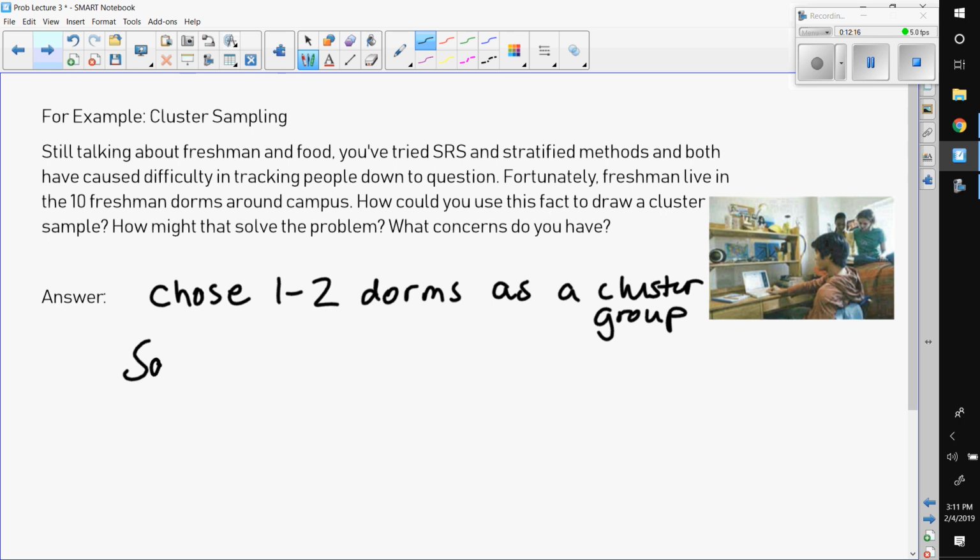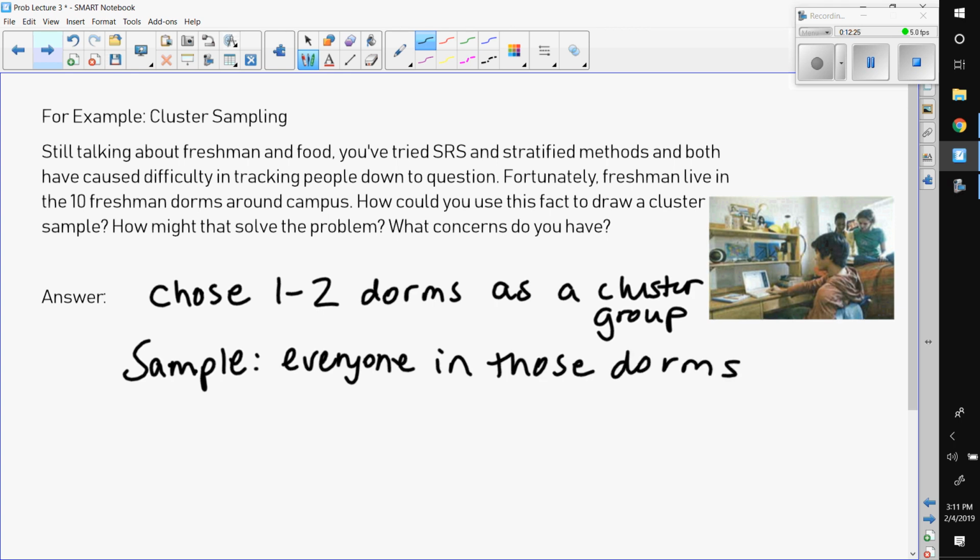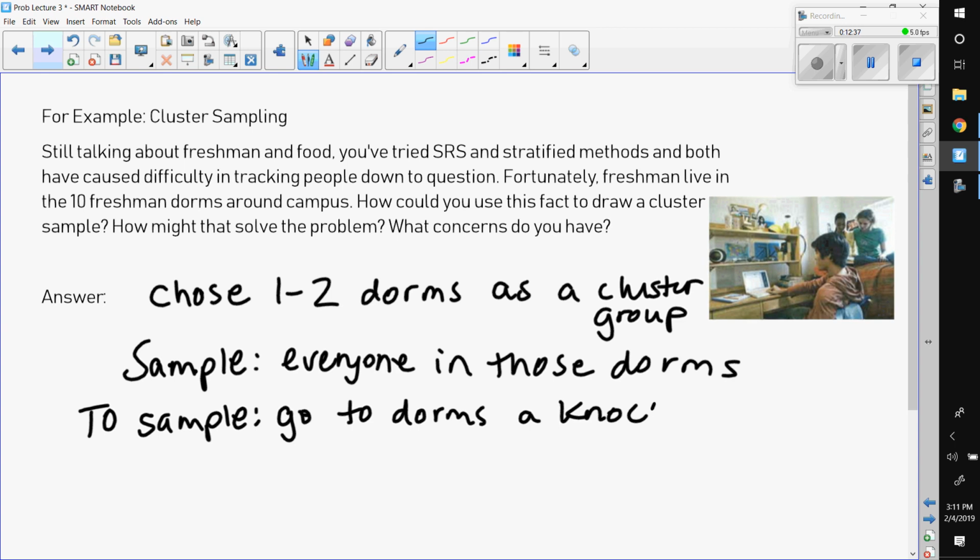That means your sample would become everyone in those dorms. To actually sample, you could go to the dorms and knock on doors. That might get you more of a response than sending surveys in the mail, or trying to hand them out to people and find out where they are for classes.